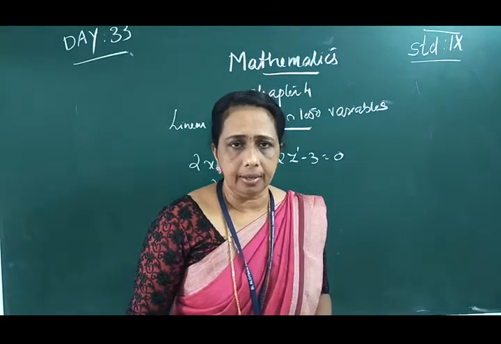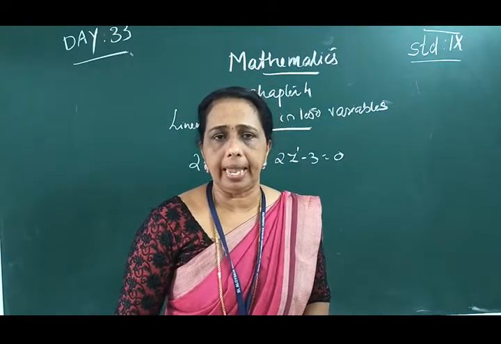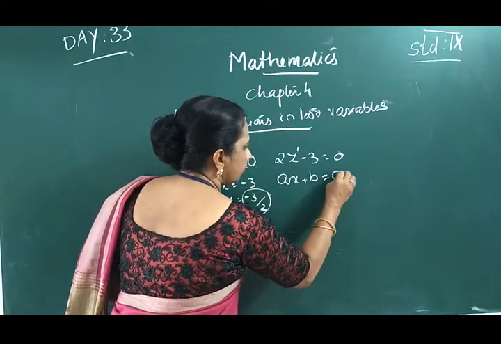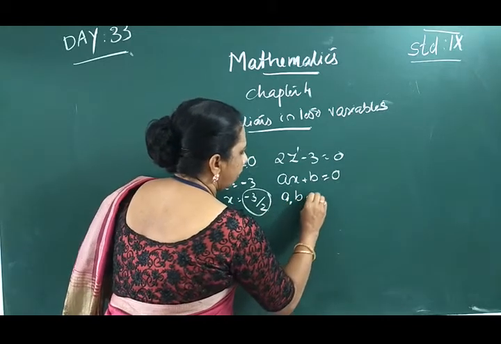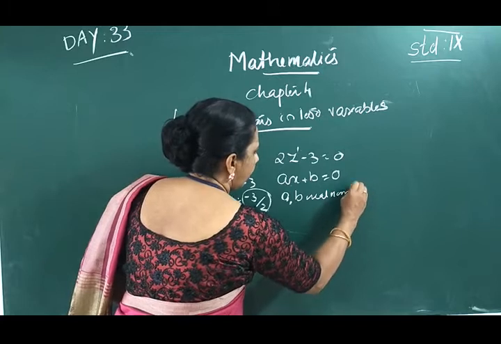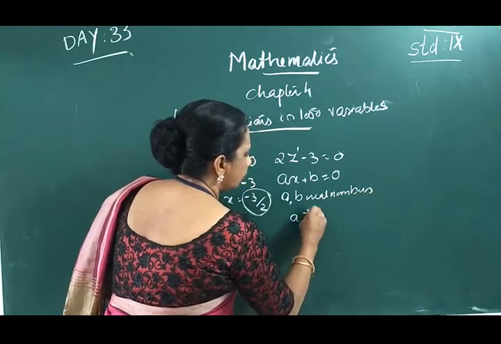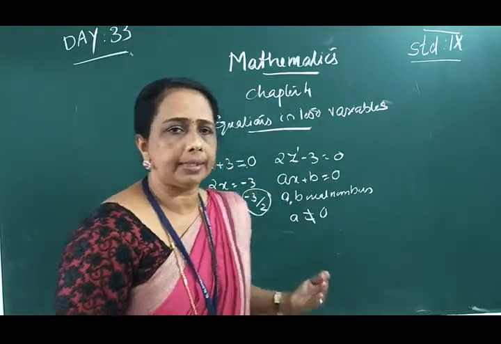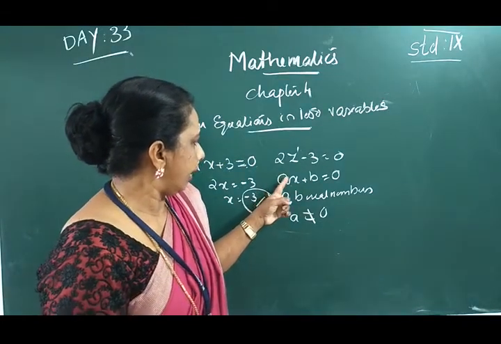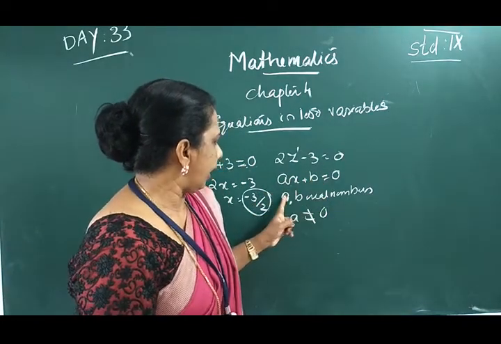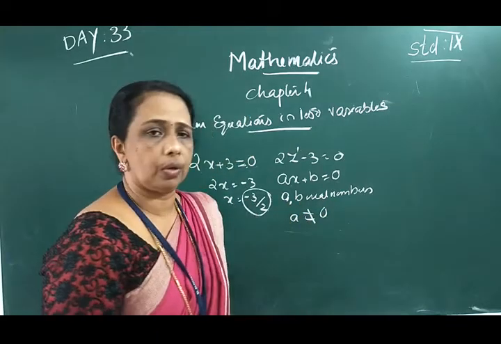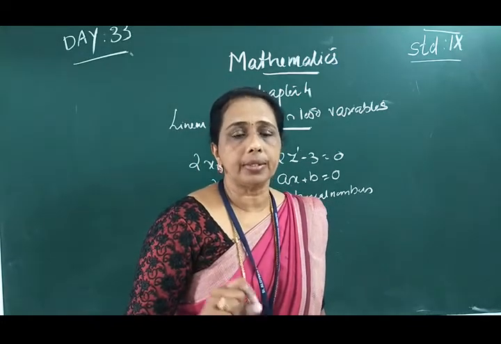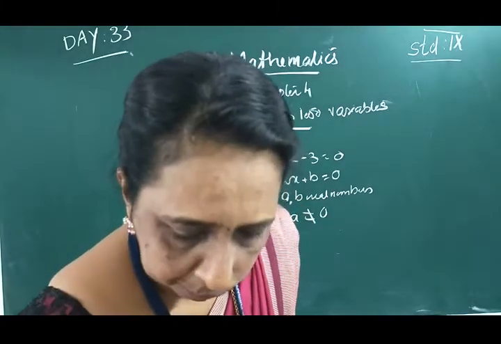Generally we can say a linear equation in the variable x can be written in the form ax plus b equal to 0, where a and b are real numbers and a not equal to 0. A linear equation in one variable has a unique solution.